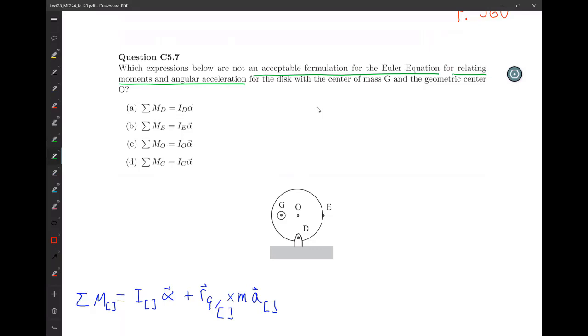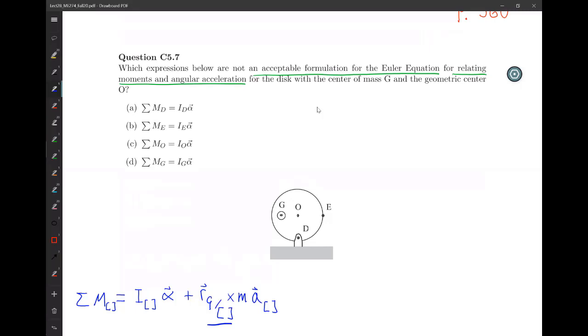And the other one is the term that we need to avoid, essentially, right? We don't want to do more calculations than what we need to. But to do that, we need to make the right decision when we're going to take moments. The right decision means that either we take moments about a fixed point, about the center of gravity, or one of these very special points where the acceleration and the relative position are oriented in the same direction, like in the no-slip condition.